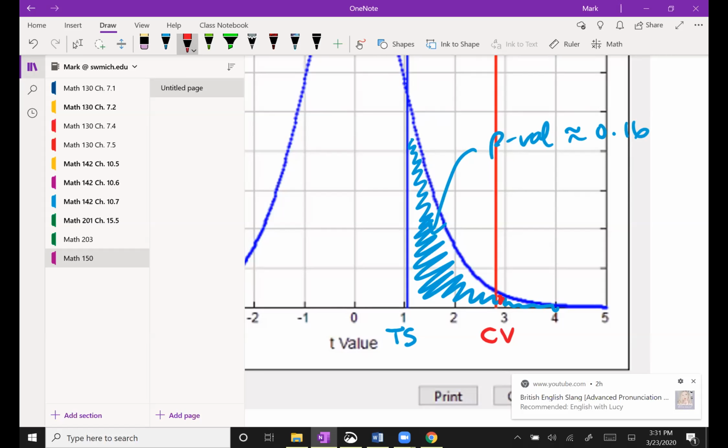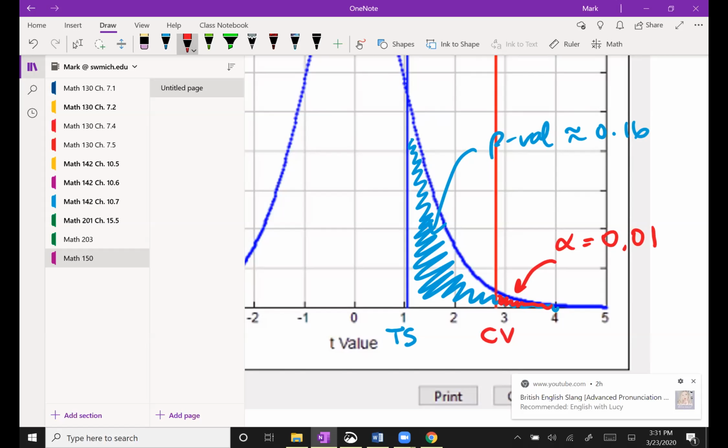Alpha in picture form is here, and this was a 0.01. Correct. So alpha is this red area, and this p-value is this blue area that I've shaded in. We reject the null hypothesis when what? P is low, null must go. So if the p-value is lower than the value of our significance level, then we reject the null hypothesis.